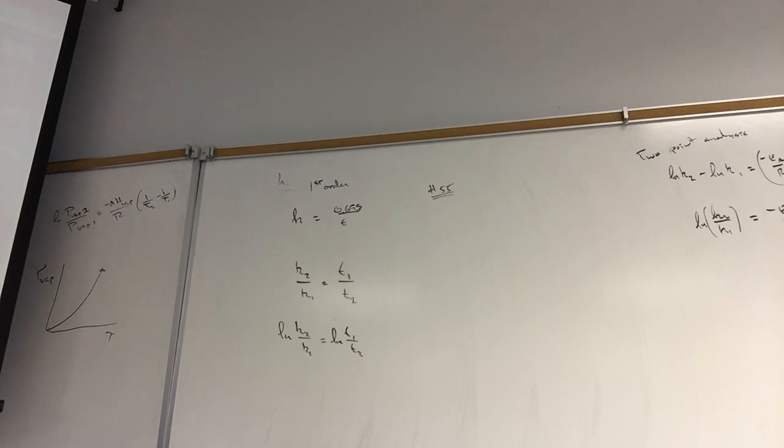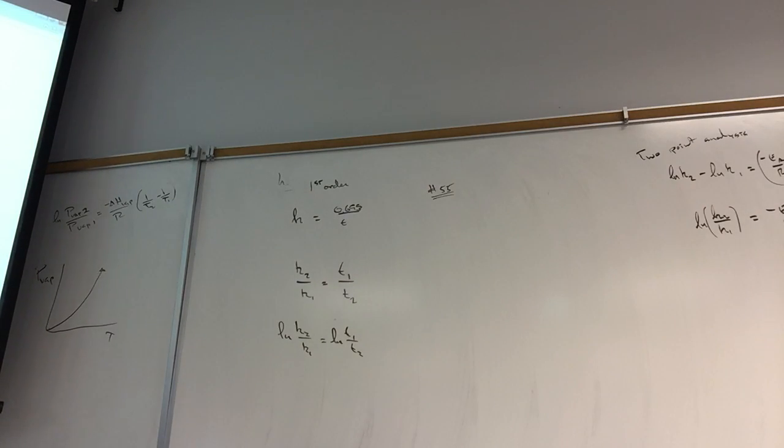This one is a plug and play. It would be in part A. Just one of those where you flip it around, so first you find the constant, and then you find the temperature from the constant at a different time.